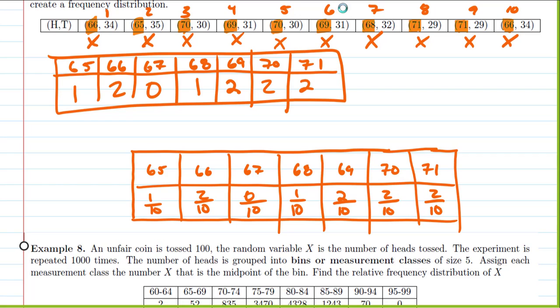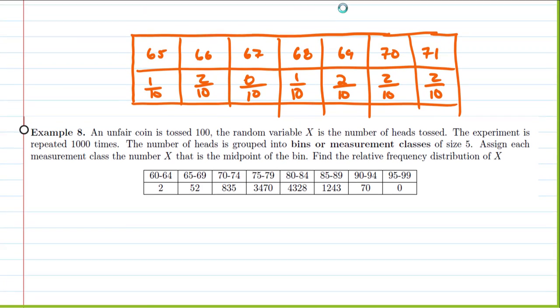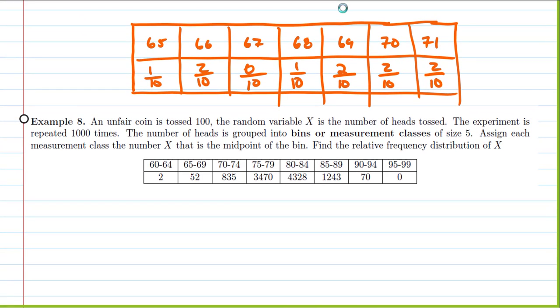Oftentimes, we are going to want to group things together. Like, for instance, if you wanted to talk about salaries at a workplace, you're not going to want to have everybody's salary down to a penny, right? Because then everybody's going to be in their own bin. It makes it really hard to talk about different things. They usually do them in ranges, right? So people make between 20 and 25,000, and then 25 and 30,000, and 30 and 35,000. Those are called bins or measurement classes.